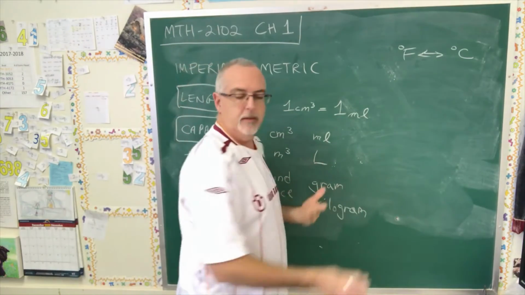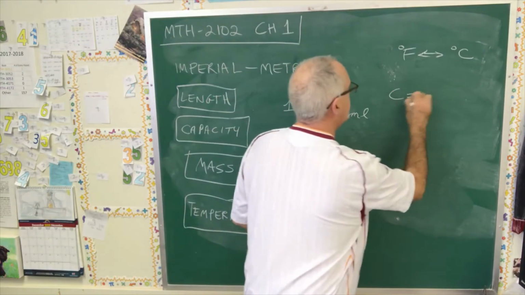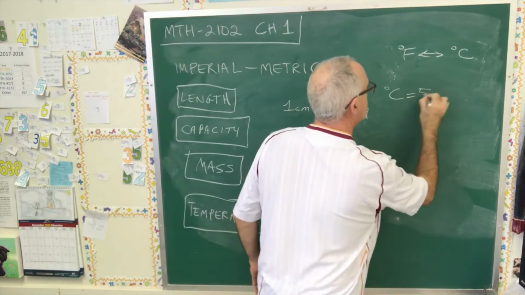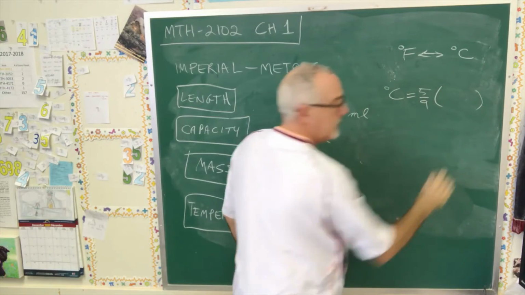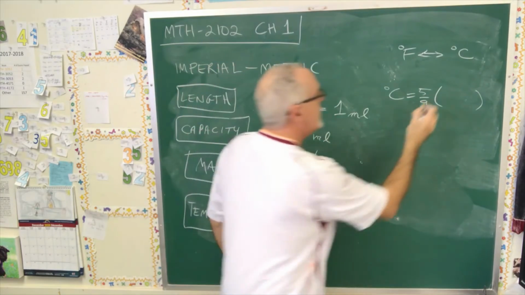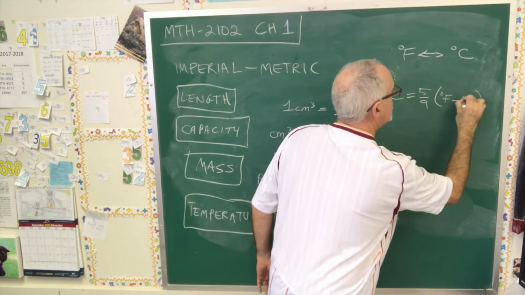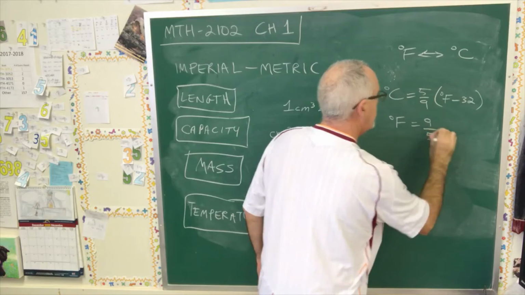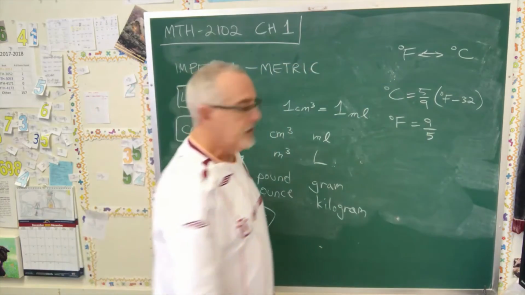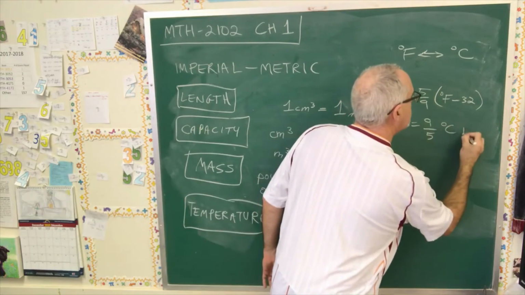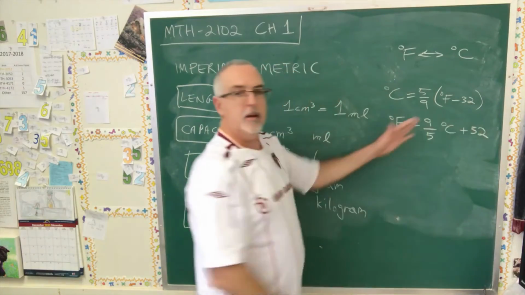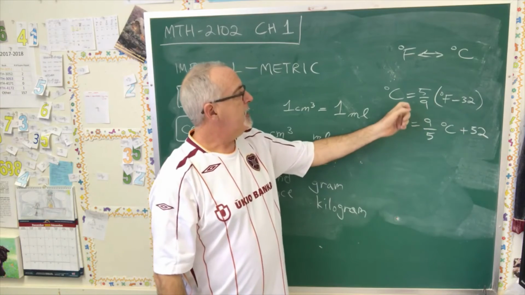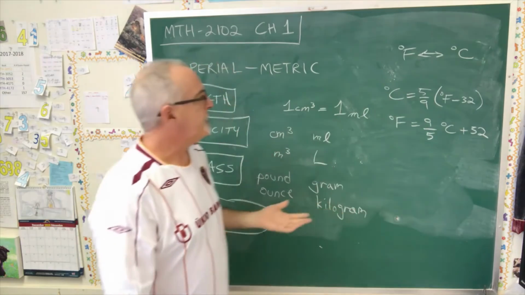There are two versions of the formula that I'll write down. Degrees Celsius equals 5/9 times degrees Fahrenheit minus 32. Or degrees Fahrenheit equals 9/5 degrees Celsius plus 32. It's really the same formula, it's really the same linear equation, just with a different variable isolated on the left.